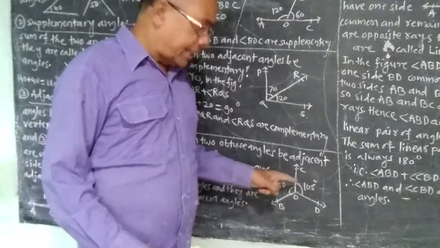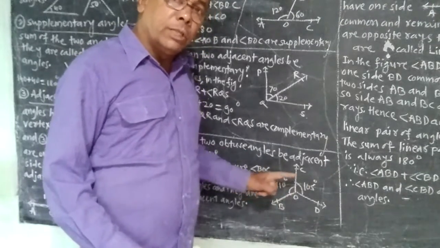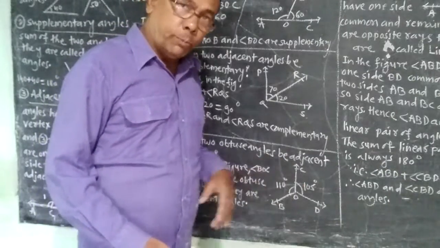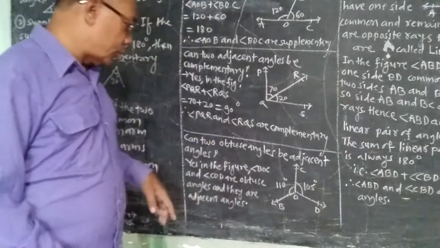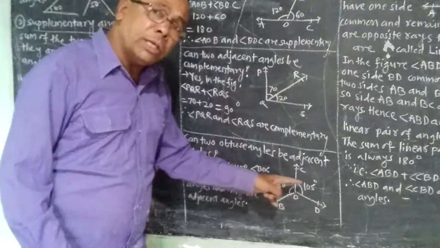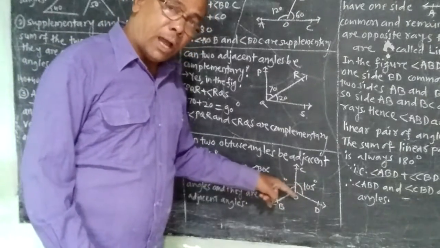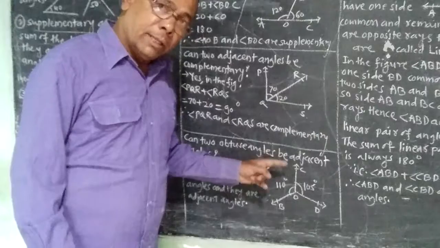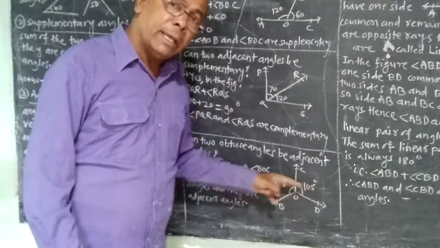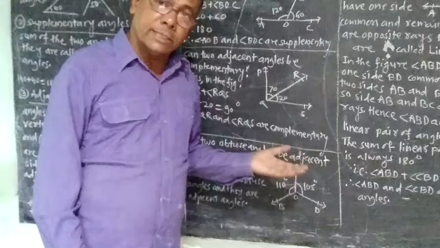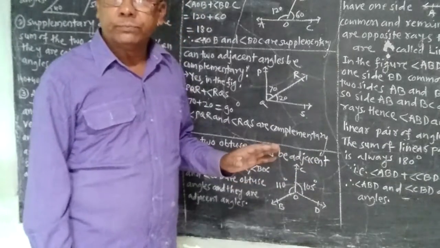Here 110 and 105 are both obtuse, so both angles are obtuse angles. Therefore, though both angles are adjacent angles, they may be obtuse. They may be obtuse as well as acute also.